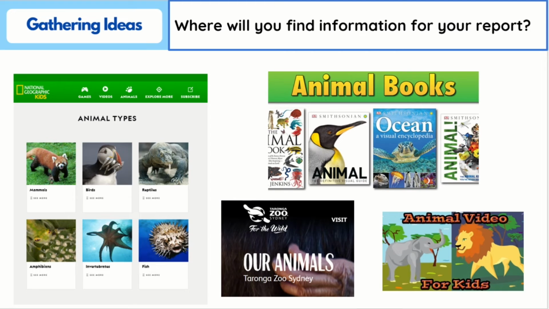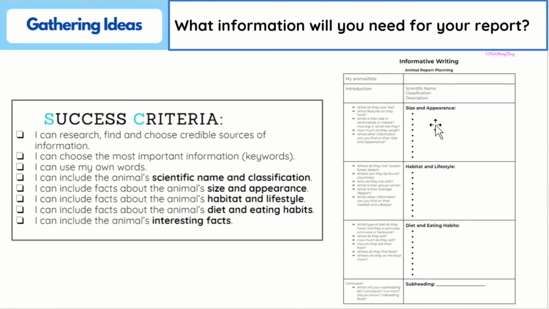What you don't want to do is overload yourself with too much information. So what I'm going to do is pick a maximum of 3 websites that I'll have a look at, and if they don't give me the information that I need for when I'm planning my information report and jotting down my notes, then I'll look for some other sources of information.